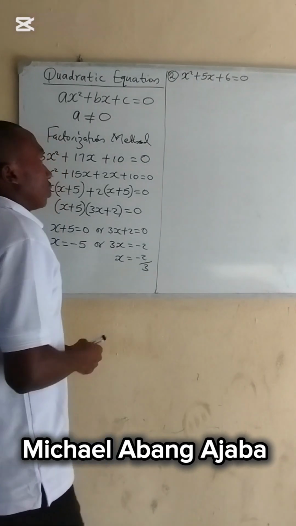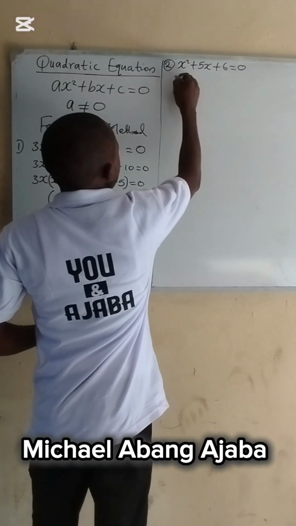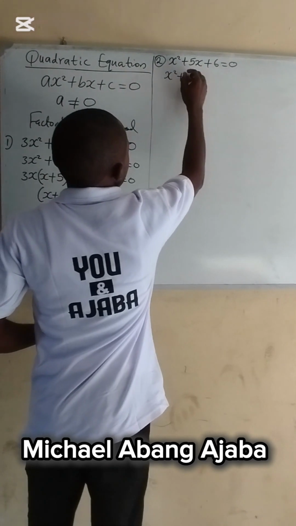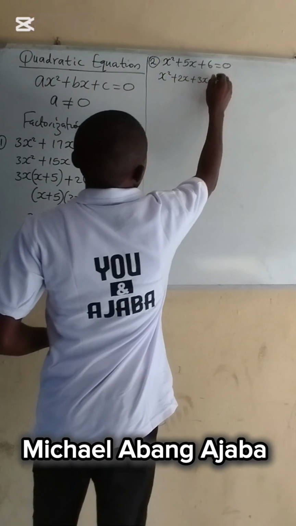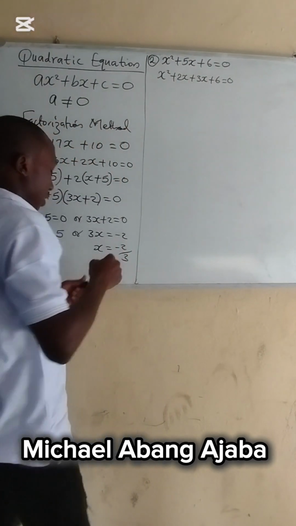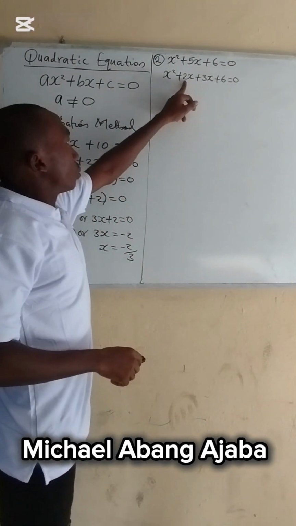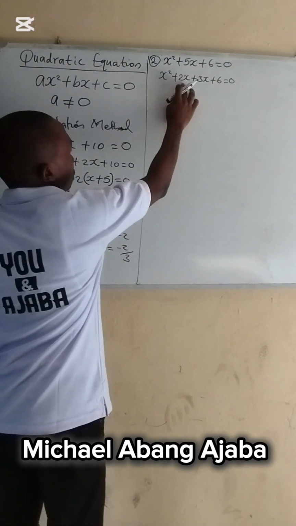So in this case, we have plus 5. So the two factors we are going to pick will all be positive. We are going to have x squared plus 2x plus 3x plus 6 equal to 0. So the two factors of 6 we are using here are 2 and 3.